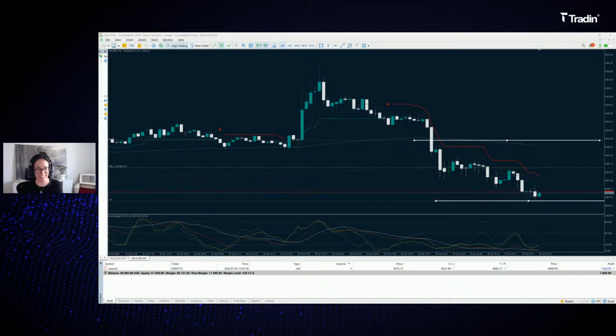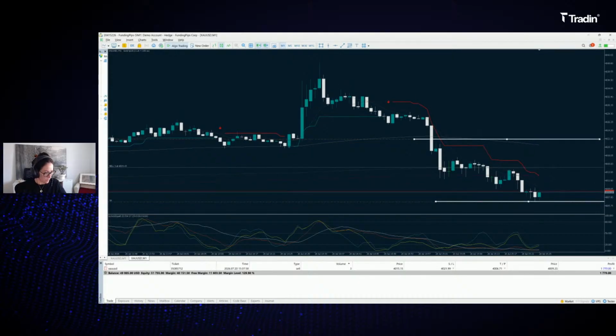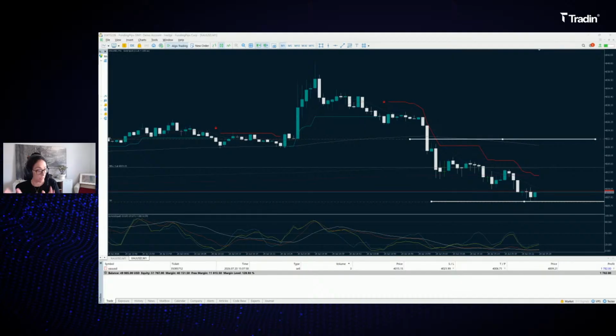Nearly there. It didn't hit my take profit. One click trading. Okay, I think I don't have it. So let's wait to see how it goes. Stop loss this level. Take profit this level. This is the last trade I'm taking today.